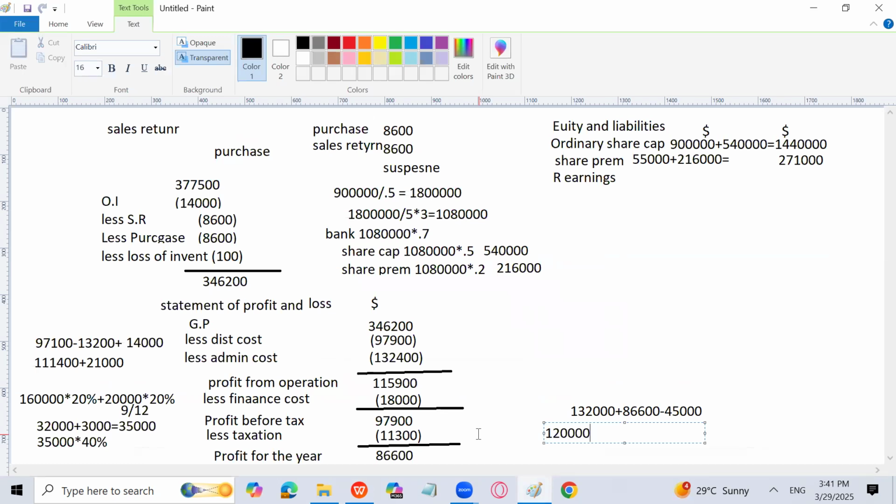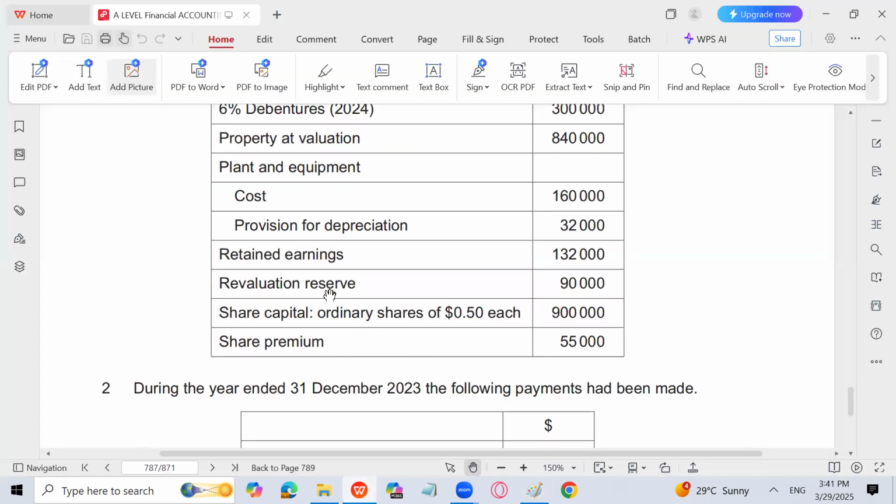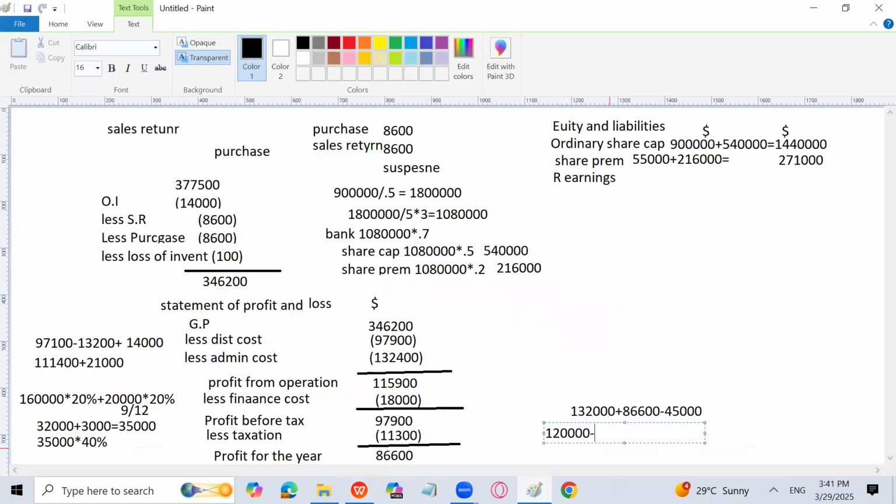This loss of 1,20,000 will be taken out from the revaluation reserve first. If the revaluation reserve is available, 90,000 will be taken out from revaluation reserve and there will be no revaluation reserve anymore. And the remaining amount of 30,000 will be taken out from the retained earnings. So I have to subtract 30,000 more from retained earnings to write it in the equity section.